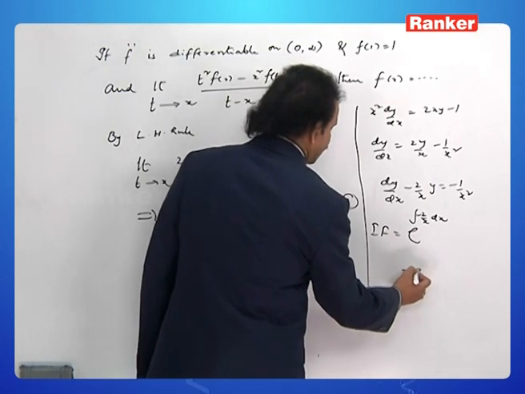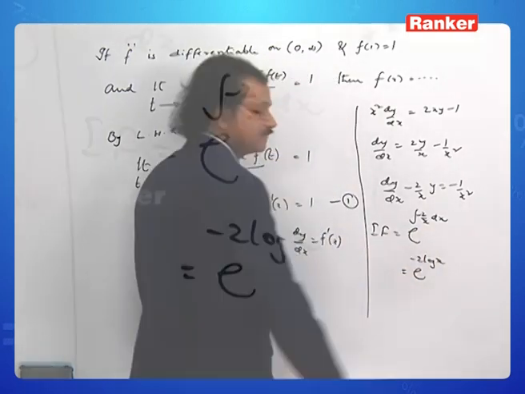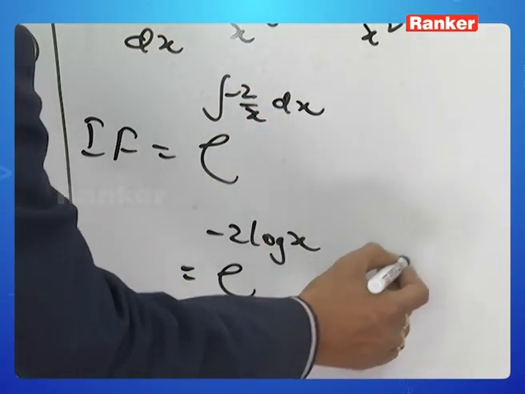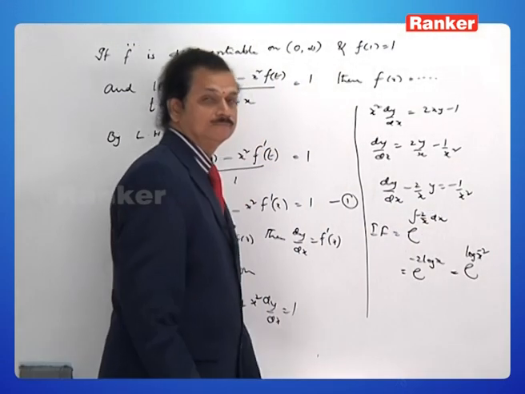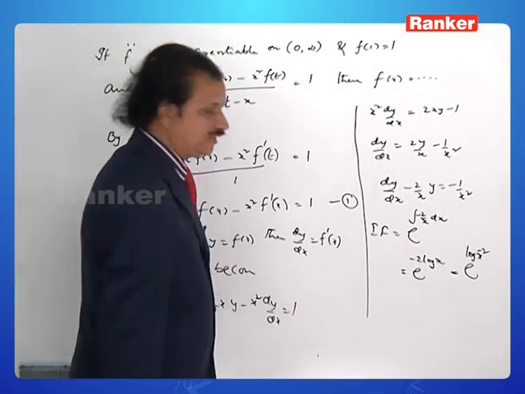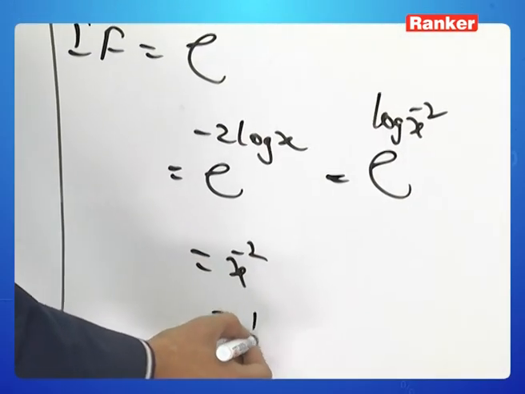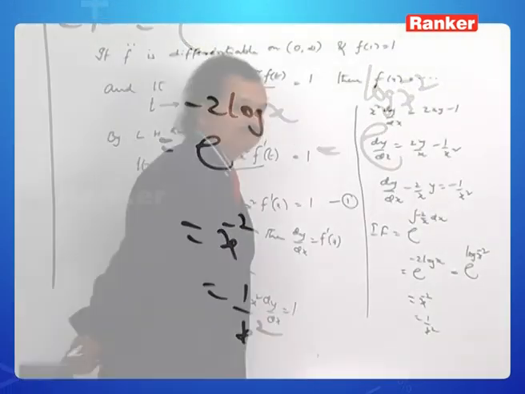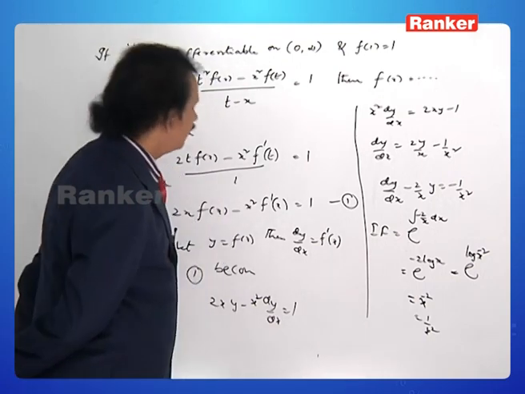This is equal to e power minus 2 log x. Minus 2 log x can be written as log x power minus 2. E power log. Therefore, IF is x power minus 2, or simply 1 by x square.